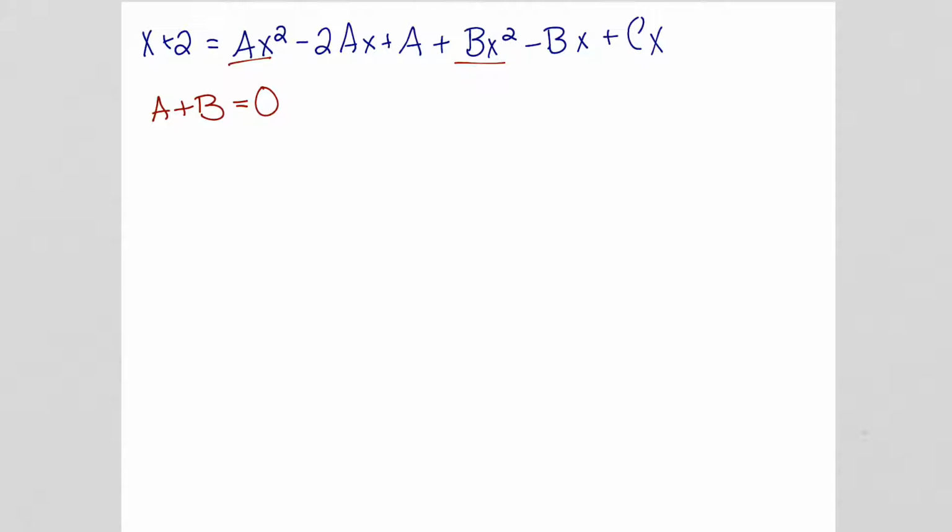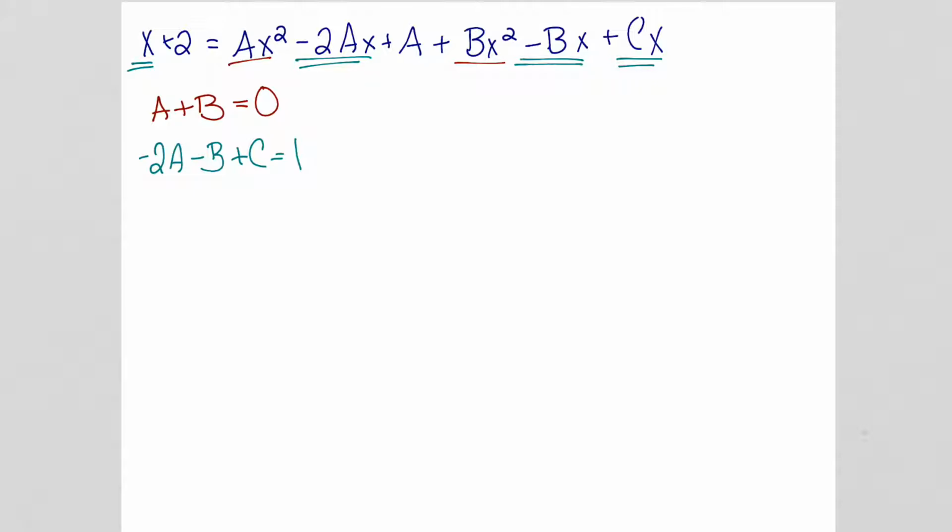Next, we need to deal with our x's. So here are those. We have negative 2a minus b plus c equals 1.